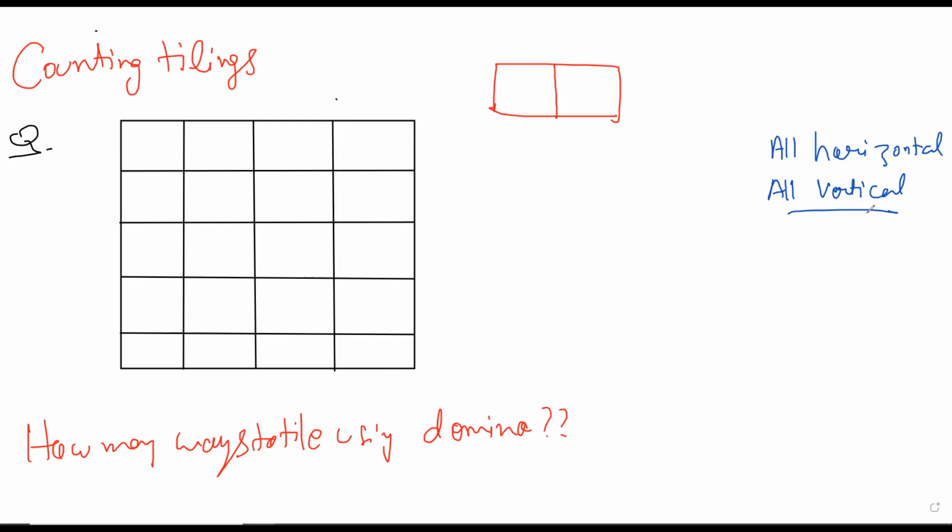Because it's 5 by 4, I thought that maybe we can do some casework. If this is the first row, can you tell me how many tilings there are for this?